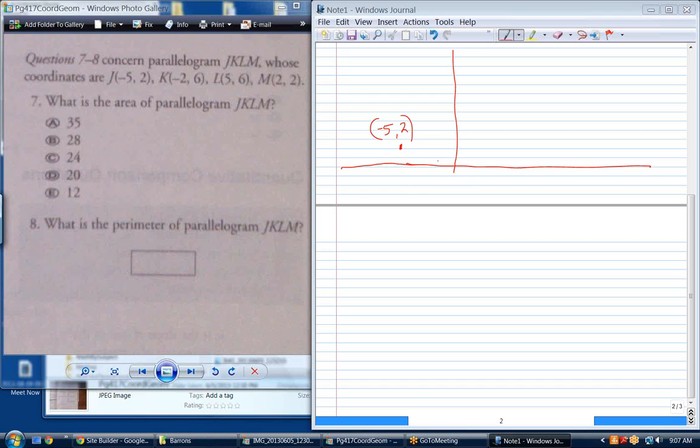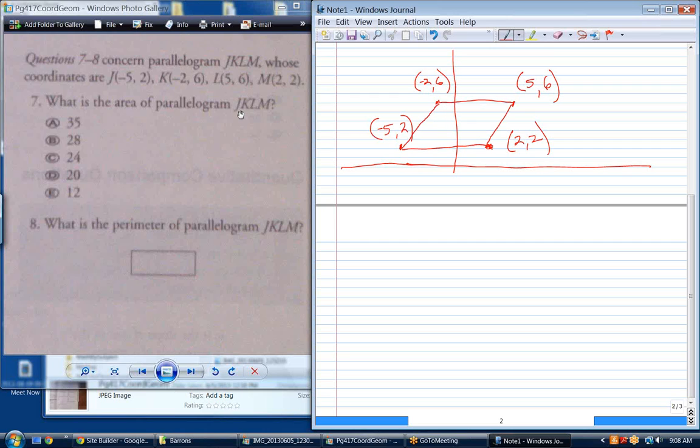Well, that would be minus 2 comma 6. 5 comma 6. That's good. That means our parallelogram looks like it is parallel to one of the axes. And then 2 comma 2 would be right about there. So this should be a relatively easy parallelogram to answer their 2 questions on.